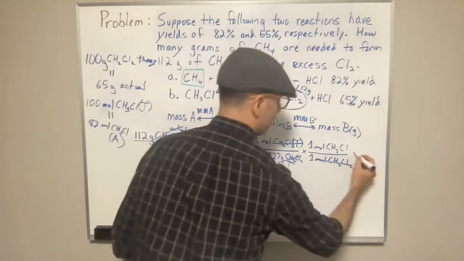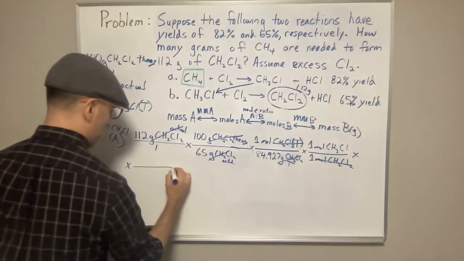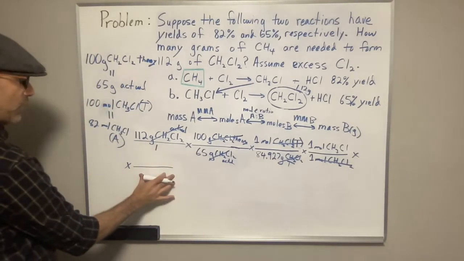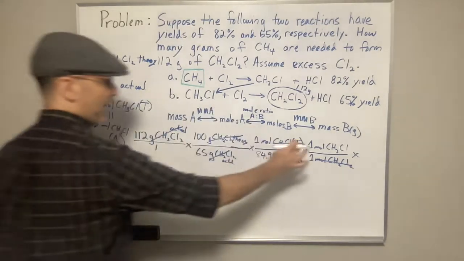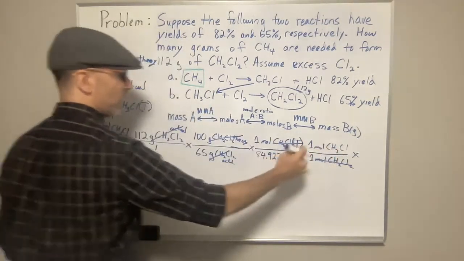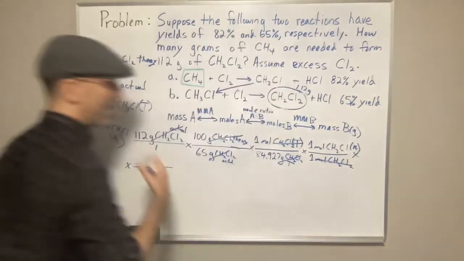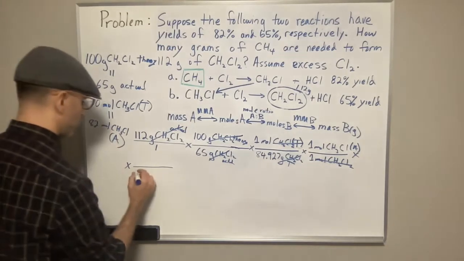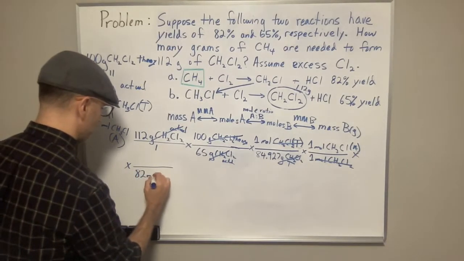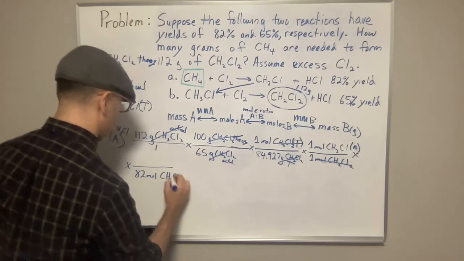So now I'm going to move it down here and continue down here. Since I have moles of CH3Cl, this is going to be the actual that I got from my reaction. So that's 82 moles of CH3Cl.